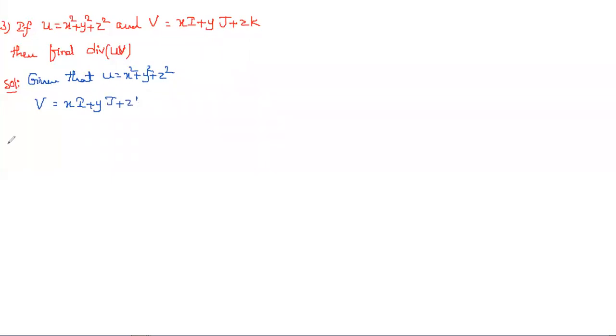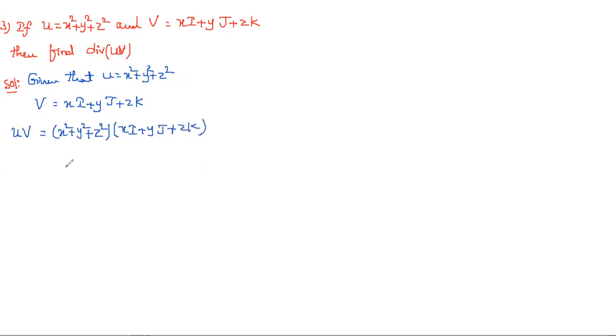Next, they ask for the divergence of uv. So uv is nothing but u times v. First we can multiply these two. u is x square plus y square plus z square, into xi plus yj plus zk.